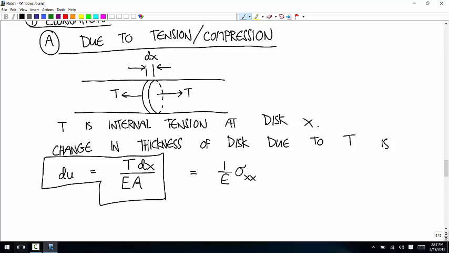We're dividing by E there, so this all together is equal to the strain, and then we're multiplying it by the thickness of the disk to come out with the overall change in length. If you think of the strain as a change in length per original length, we're multiplying it back by the original length to get just the change.